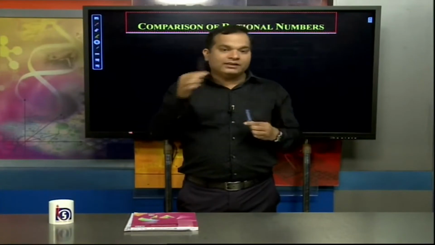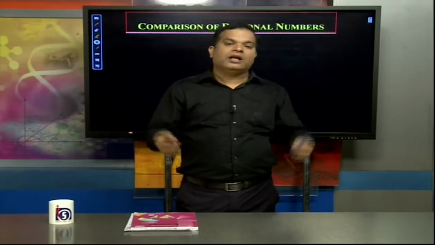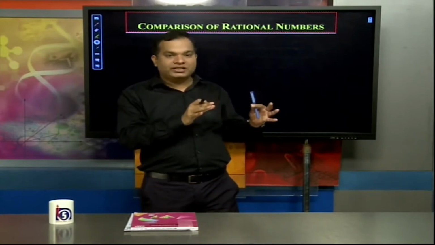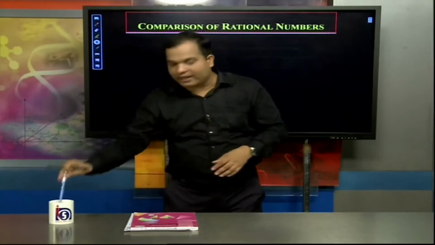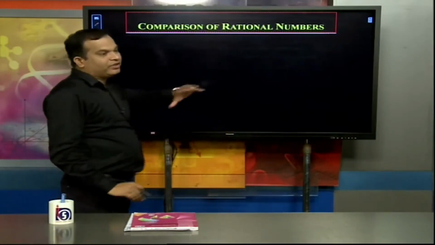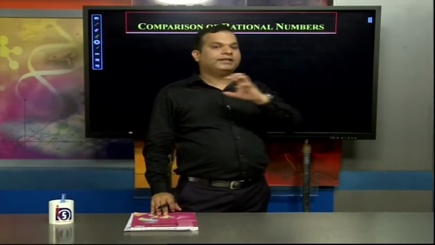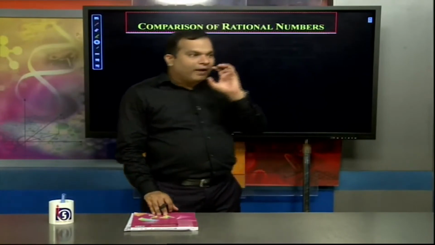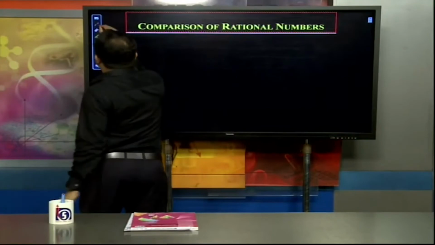Okay, in what condition, in what situation, in what criteria can we say this rational number is greater and this rational number is lower? For this purpose, when we are going to compare, we have to check case by case.